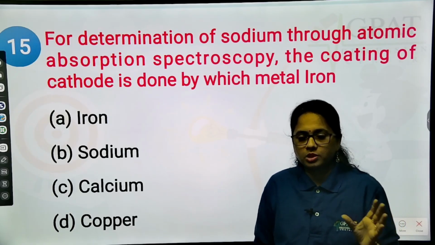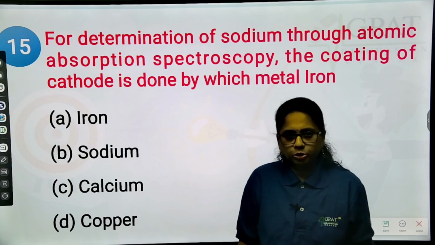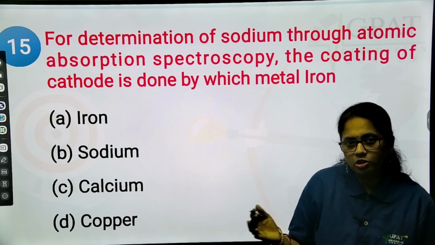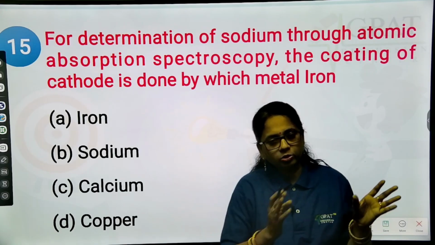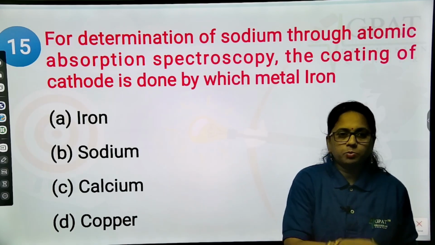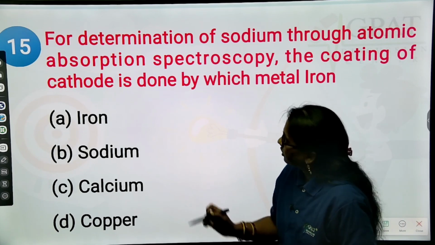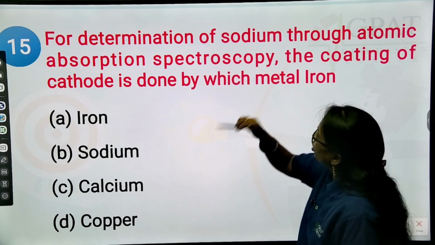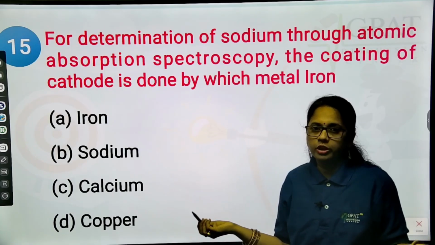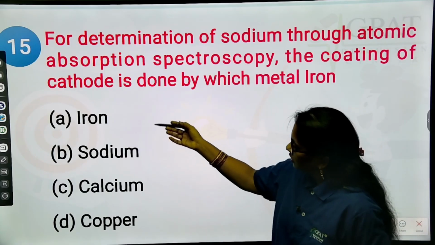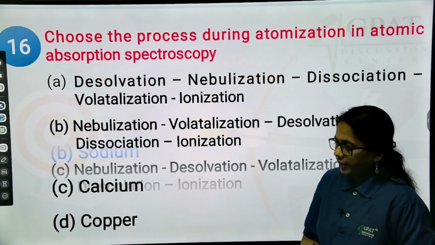If you are determining magnesium, you need a hollow cathode lamp coated with magnesium. In this question they asked about sodium, so the cathode lamp should be coated with sodium only. Among iron, sodium, calcium and copper, option B is going to be the right answer.